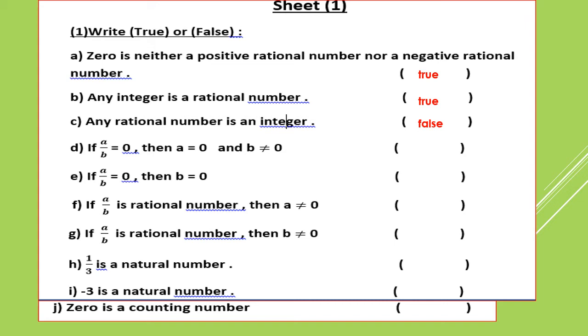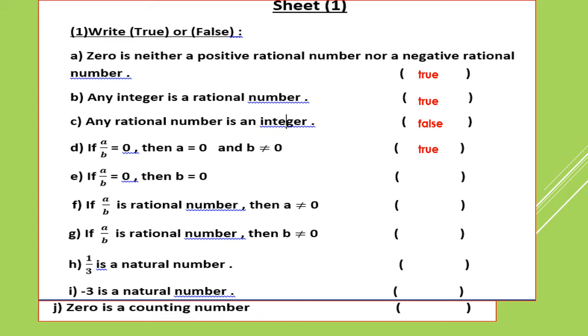Letter D, if a over b equals 0, then a equals 0 and b not equal to 0. Yes, that's true. Any rational number equals 0 when the numerator equals 0. Letter E, if a over b equals 0, then b equals 0. No, that's wrong.